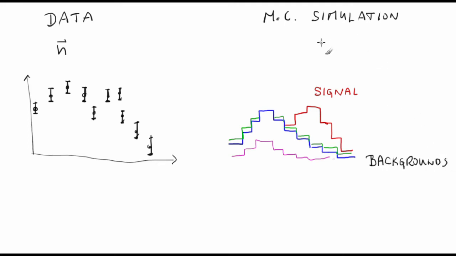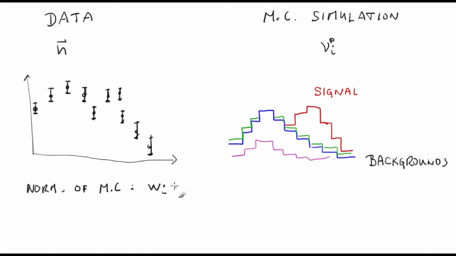Let's denote the Monte Carlo histograms ν_pi. Here, p stands for some specific process. Monte Carlo histograms are normalized to the cross-section of a given process. The weight assigned to each Monte Carlo event can be written in the following way.